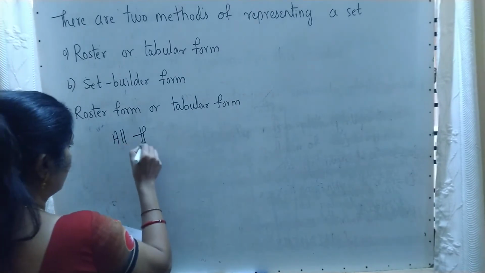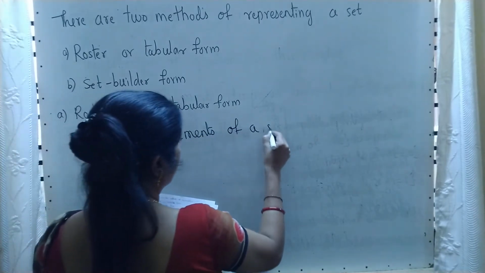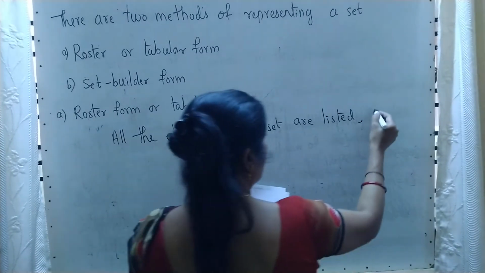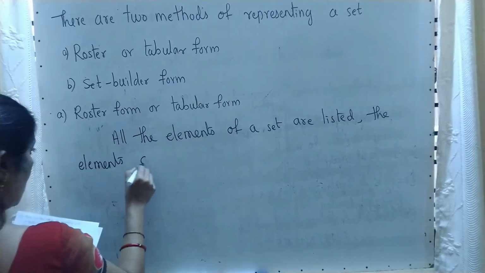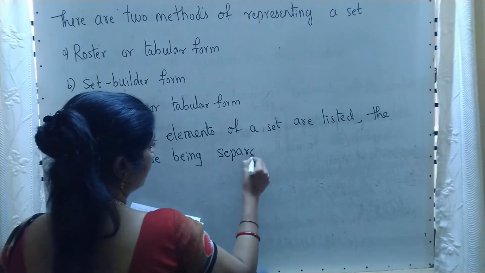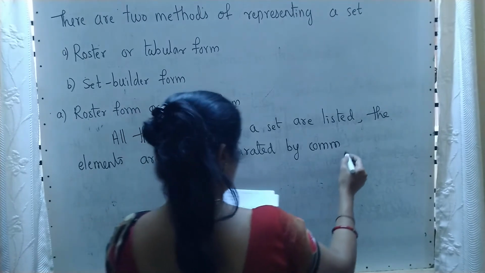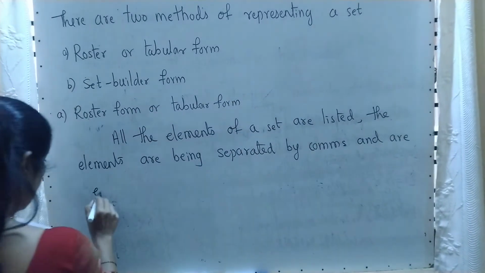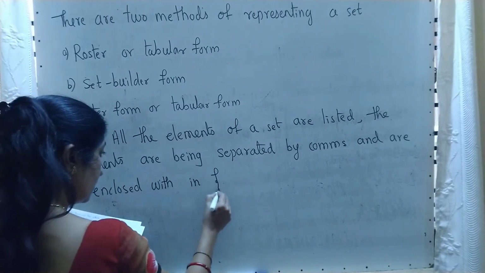All the elements of a set are listed. The elements are being separated by commas and are enclosed within flower brackets, we write that in the curly bracket.